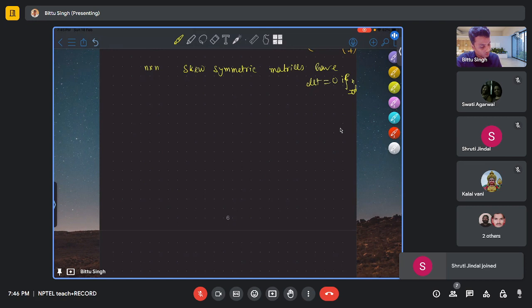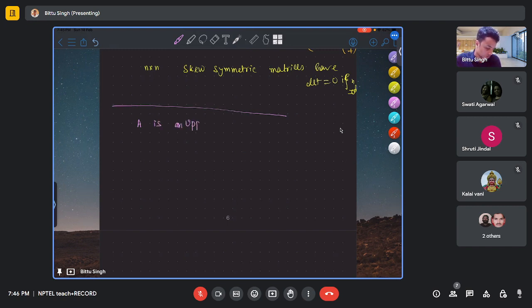So another question is, suppose A is an upper triangular matrix. What does this mean? Below the diagonal everything is 0.